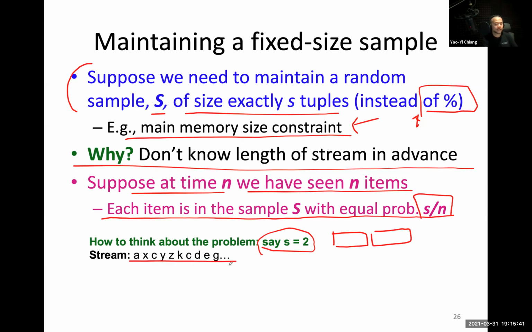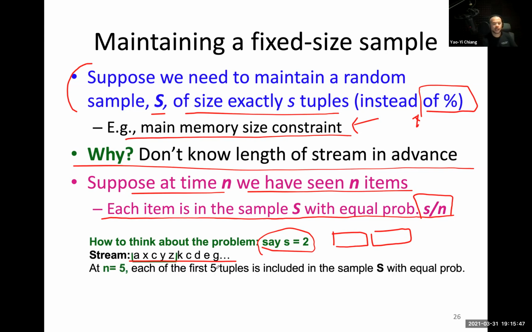And the property that we want for the sampling algorithm is that at n equal to 5, let's say we have looked at the first 5 tuples. Each of the first 5 tuples is included in the sample S with equal probability. Oh, S should be 5. Sorry.